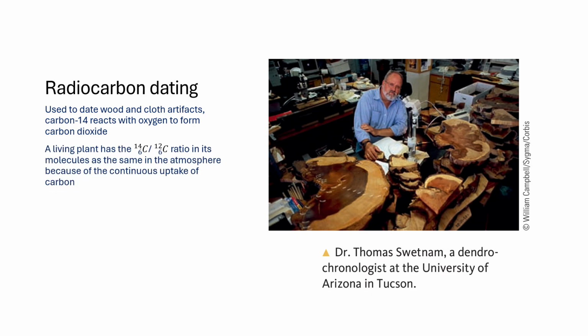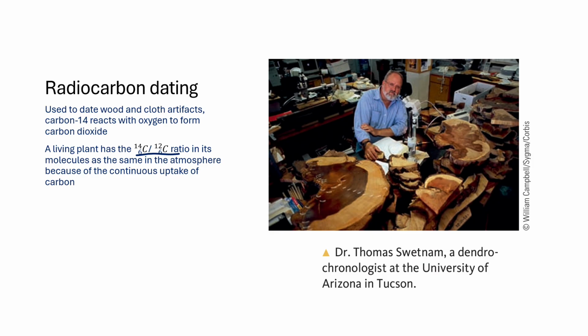We also do this for wood and clothing artifacts, right? It's used to date wood and cloth artifacts, and carbon 14 reacts with oxygen to form carbon dioxide. A living plant has the same carbon 14 to carbon 12 ratio in its molecules as the atmosphere because of the continual uptake of carbon.